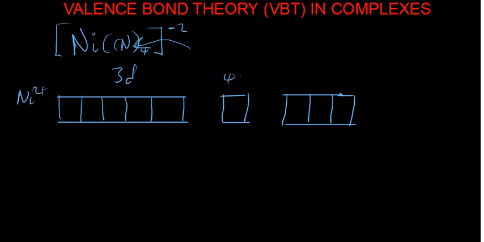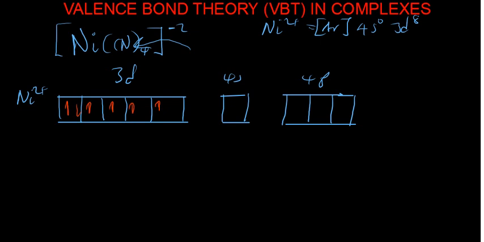Then this is our 4s and our 4p. This one has 8 electrons. Remember the electron configuration for nickel 2 plus, we should never forget that. It's the electron configuration for argon, and then 4s0 3d8. In the other one I wrote 3d8 4s0; it's really not different. So we first have 8 electrons here, 1 2 3 4 5 6 7 8, and then we don't have any electrons in these others.